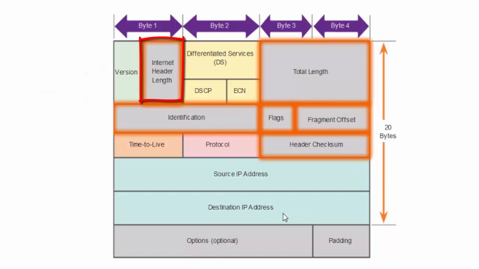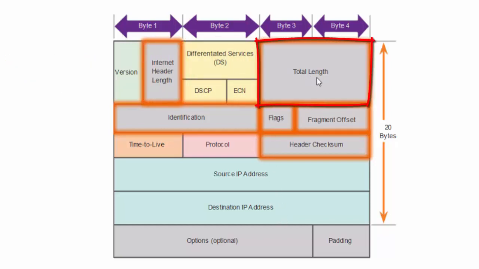And 60, of course, is the maximum length, which can be represented by 15, which is 4 ones, using the internet header length. As we know, if we have 4 bits, the maximum number that we can represent is 15, which means 15 times 4 is 60 bytes, which is the total length of the header.